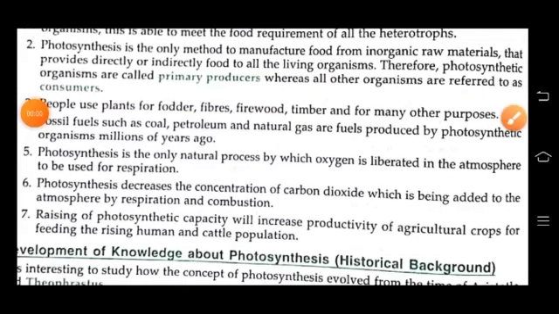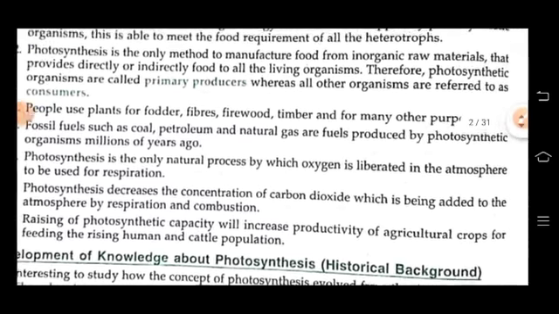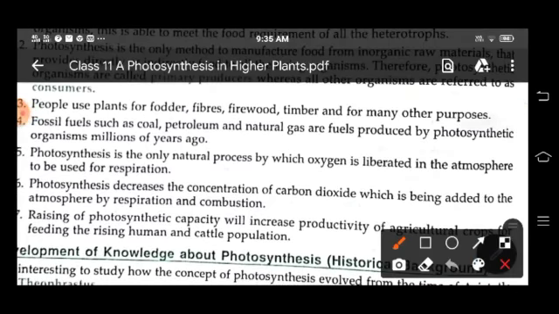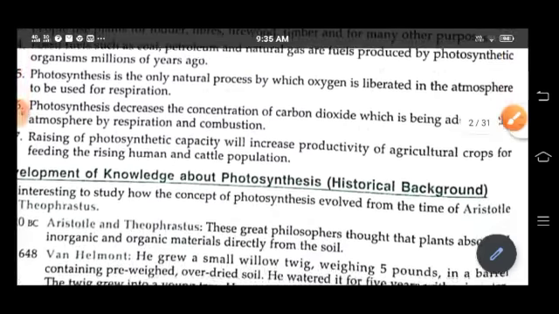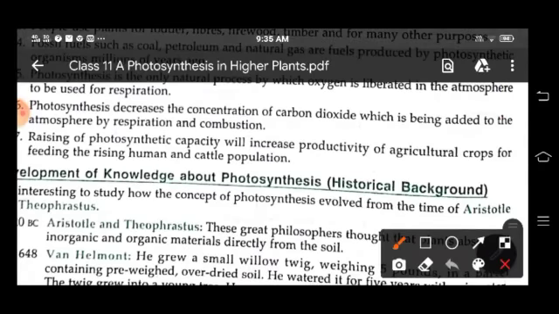Photosynthesis is the only process through which oxygen is liberated into the atmosphere, and it is used by living organisms for their respiration process. Photosynthesis also decreases the concentration of carbon dioxide in the atmosphere. Raising photosynthetic capacity will increase the productivity of agricultural crops for feeding the rising human and cattle population.